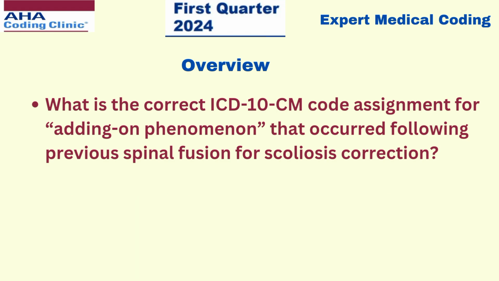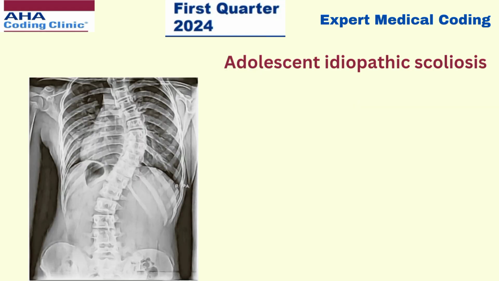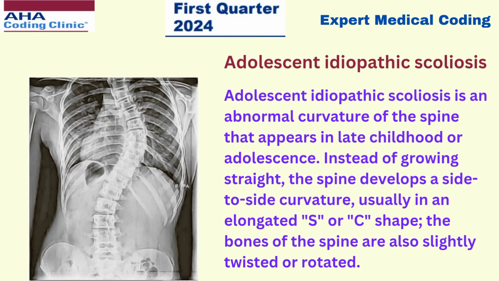What is the correct ICD-10-CM code assignment for adding-on phenomenon that occurred following previous spinal fusion for scoliosis correction? Before moving to the scenario, let us first see some terminology which will be helpful in understanding the scenario. Adolescent idiopathic scoliosis is an abnormal curvature of the spine that appears in late childhood or adolescence.